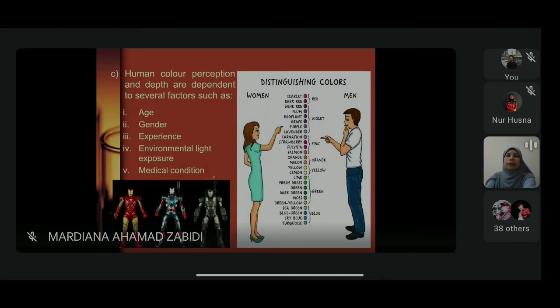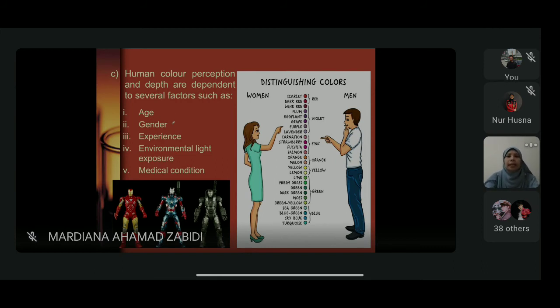Okay, so human color perception, as well as the depth or the interpretation of the color, depends on several factors such as age. If, let's say, you are a young adult, your color perception will be different compared to the older generation.